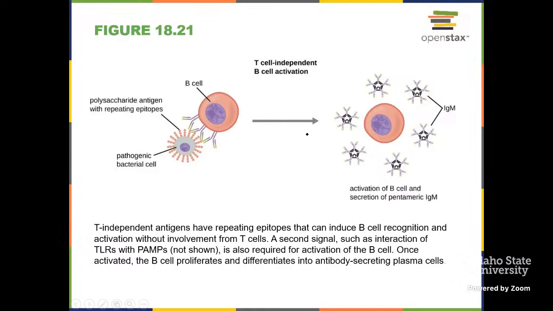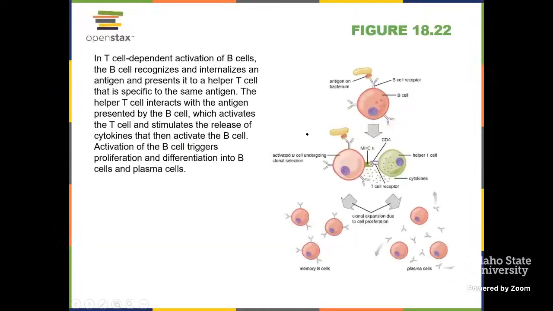So this first image that we're looking at is T cell independent B cell activation, where it doesn't need that to occur, but deep down, it's already technically been primed, all right? Some other interaction is required to activate that in the first place, all right? That's okay though.